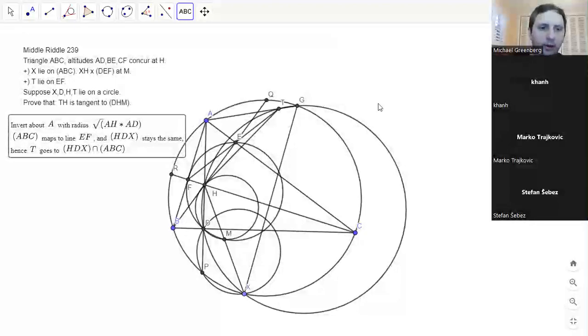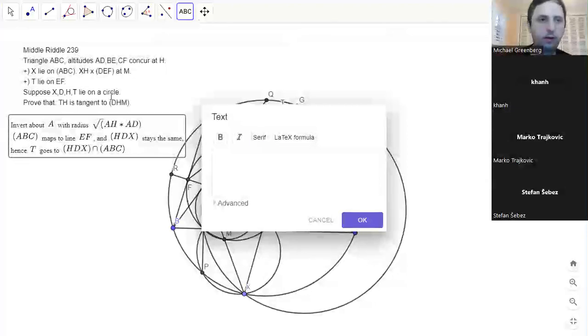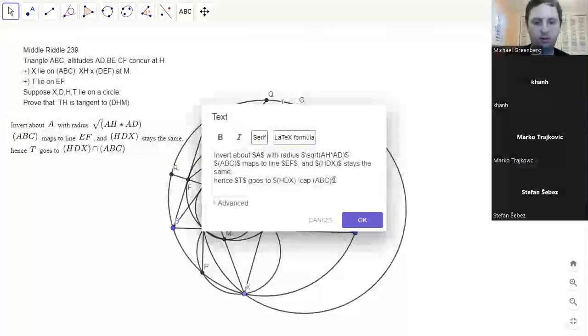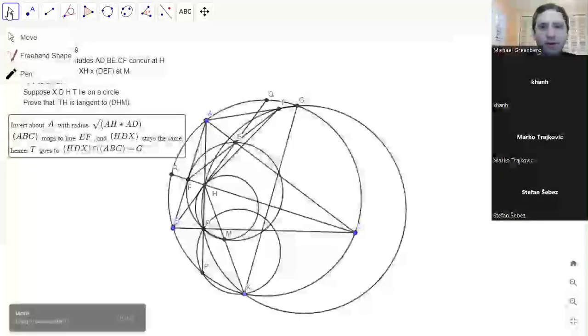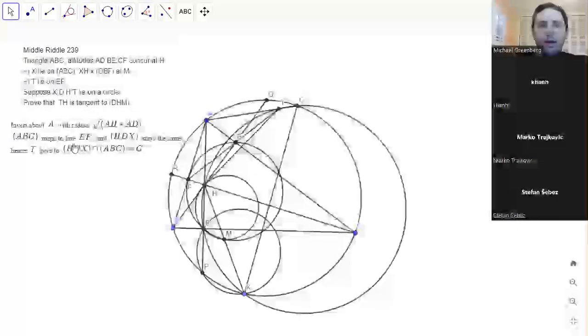So AT and G, we'll say equals G. Okay. And then, yeah. Well, he inverted about A, right?